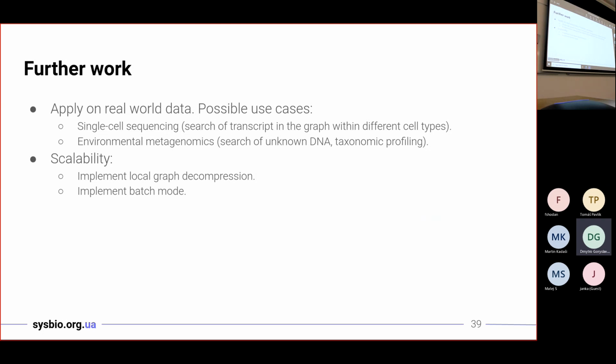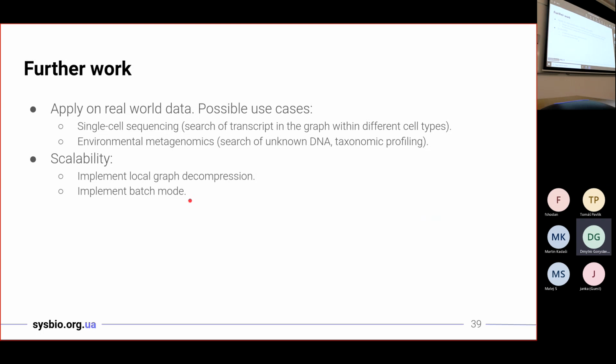That means that we would like to implement local graph decompression, which means that the graph will be traversed sequentially, and the annotations will also be decompressed sequentially without the full traversal of the graph. Also, there is a desire to implement a batch mode, which means that several queries will be processed at the same time.